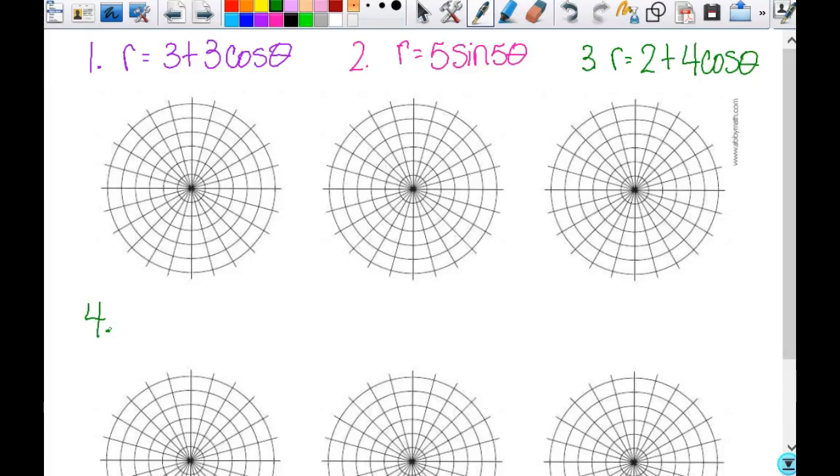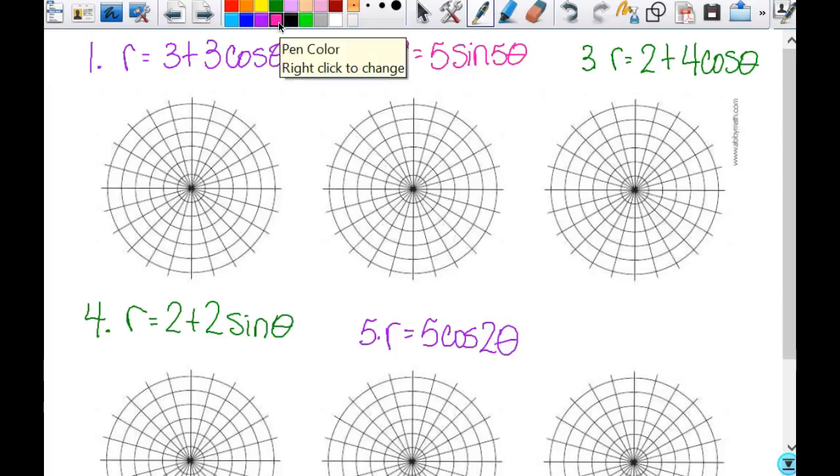Four, it's going to be R equals 2 plus 2 sine theta. 5 is going to be R equals 5 times the cosine of 2 theta. And then 6 is going to be R equals 0.25 theta.